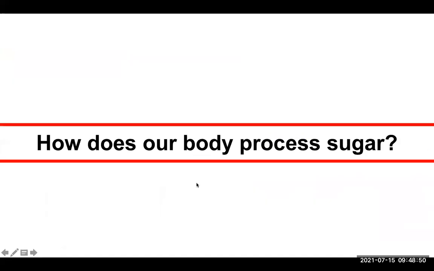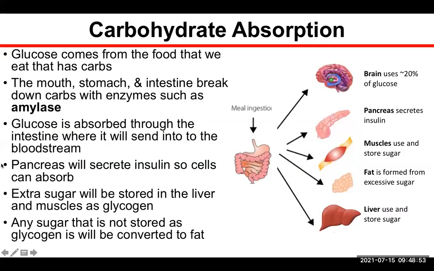So how does our body actually process this? I highlighted some of this yesterday, but now let's talk a little bit more about some of the key organs that are involved, what happens, and how you store it if you have an excessive amount. Again, glucose, sugar, carbs, all of that comes from the food that we eat.